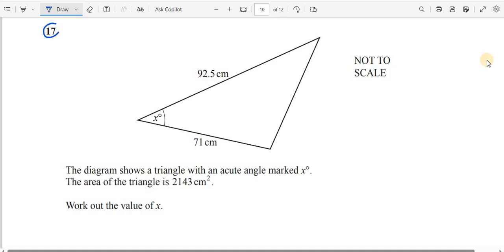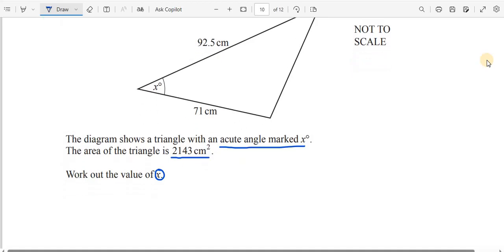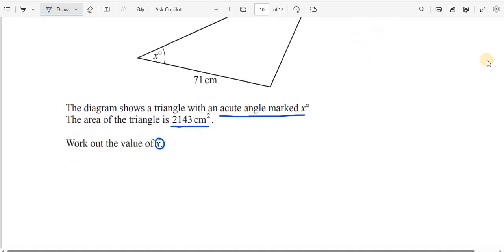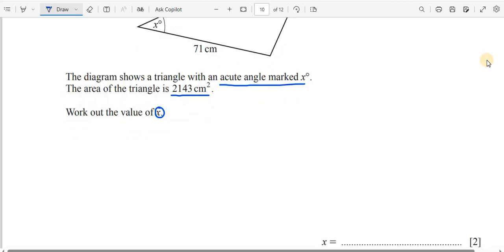Question number 17. This is the diagram. It shows a triangle with an acute angle marked x. The area of this triangle is 2143 square centimetres. Work out the value of x. To find the area of a triangle, the formula is A is equal to 1 by 2 ab sine x.